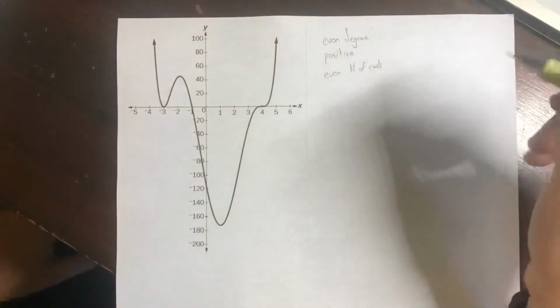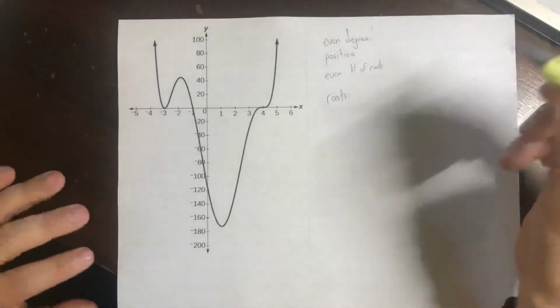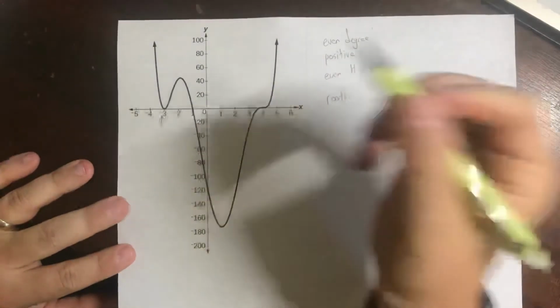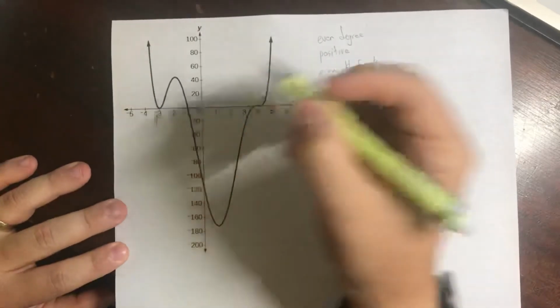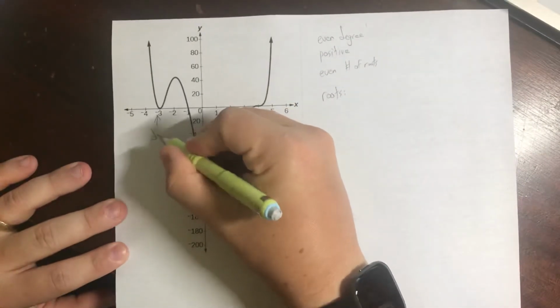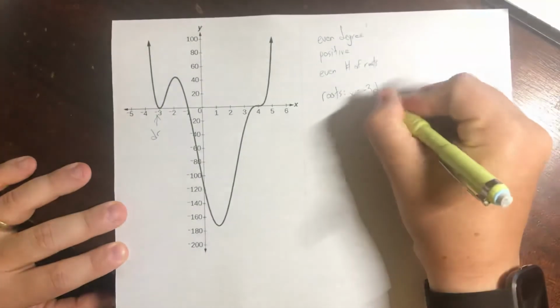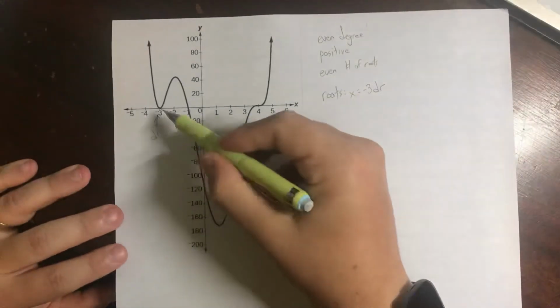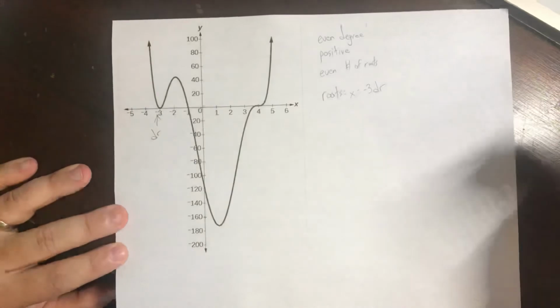So what are our roots? Let's see. Here we have a root at -3, but we come down, we touch, we continue up. So this is a double root. So our roots are x equals -3 double root. Then our graph continues on and crosses at -1, but it just crosses normally.